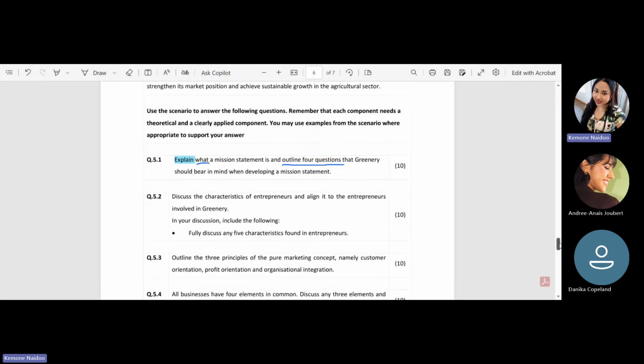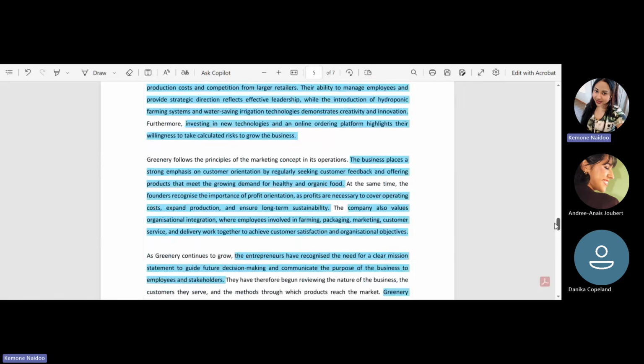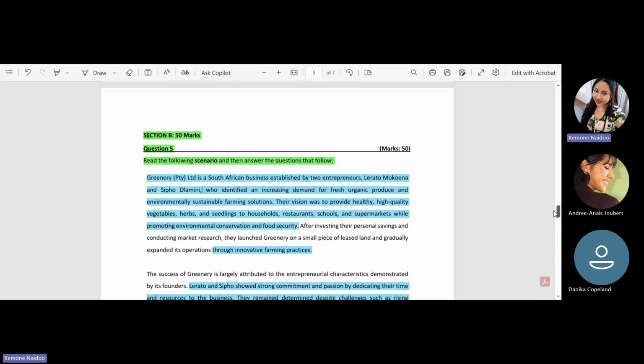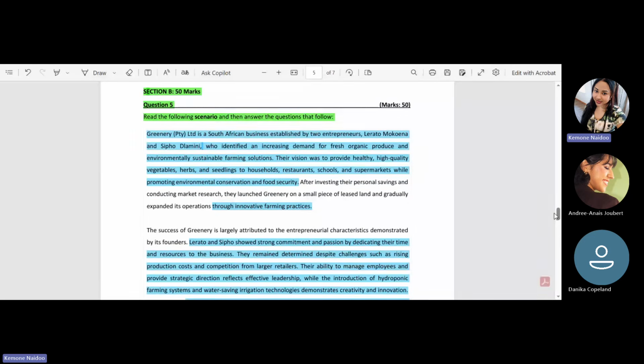If we go back to the case study, okay, so as you can see, it says Greenery is a South African business established by 2 entrepreneurs, etc. This whole highlighted section is what the business is, okay? Now, in an exam, please don't directly copy an entire chunk from the case study and use quotation marks.